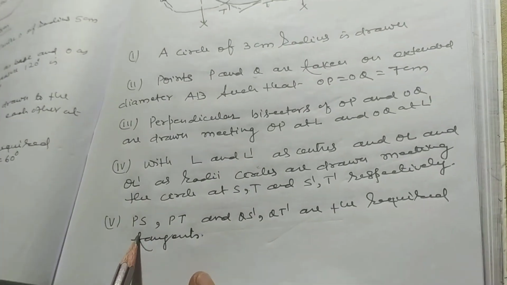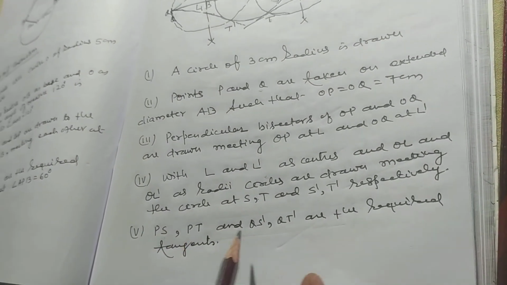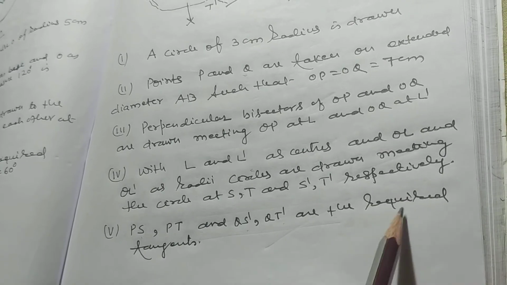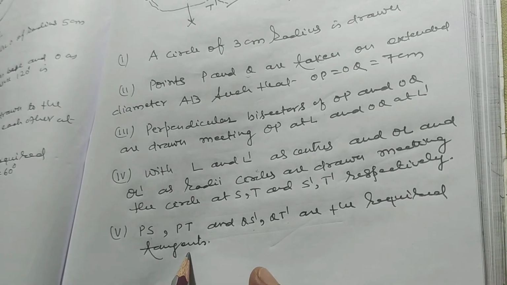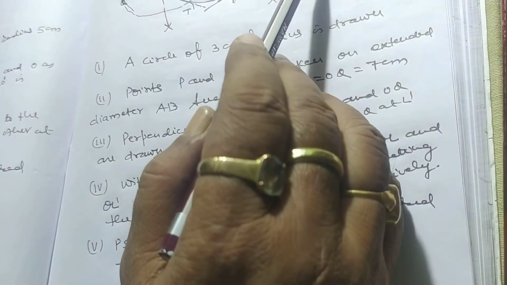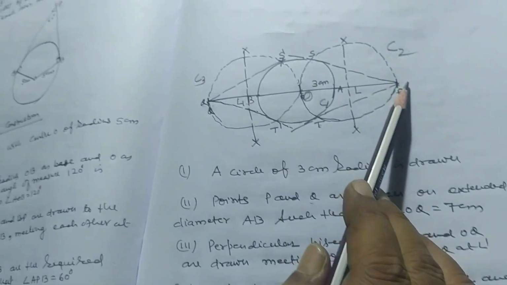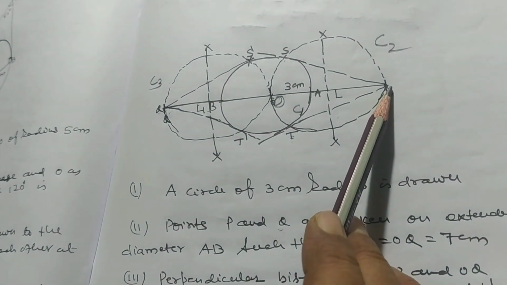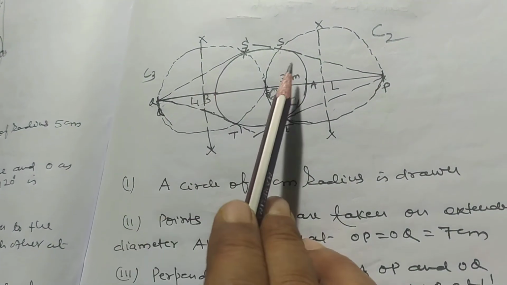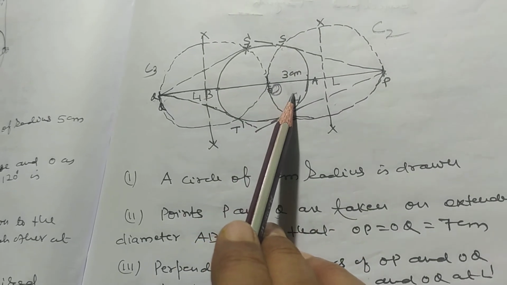So in this way, PS, PT and QS dash, QT dash are the required tangents. In this way, we draw tangents from the external points P and Q to the circle C1.